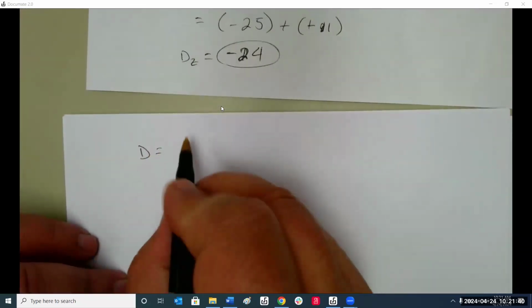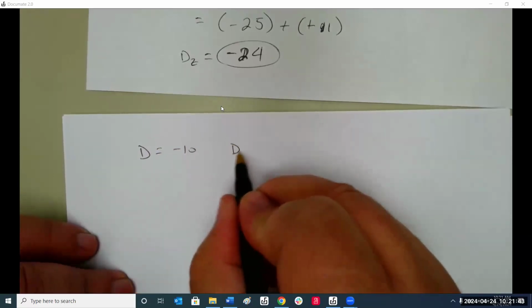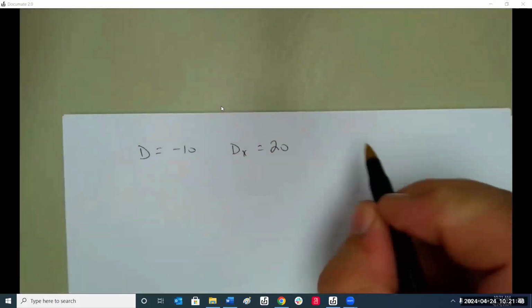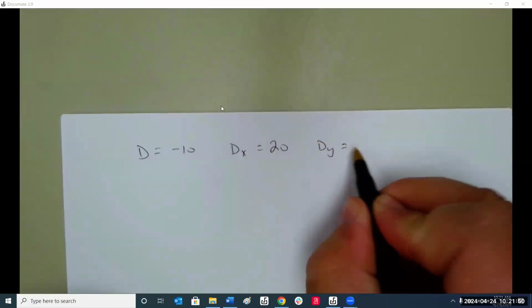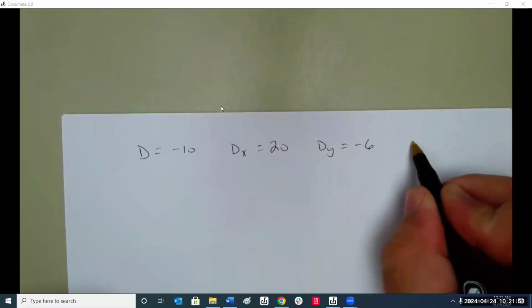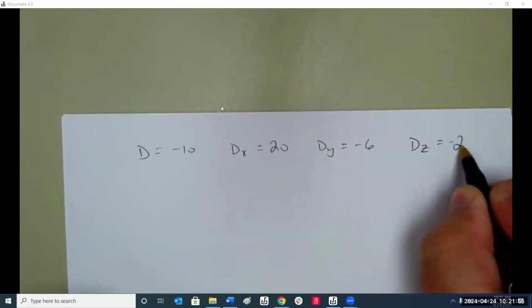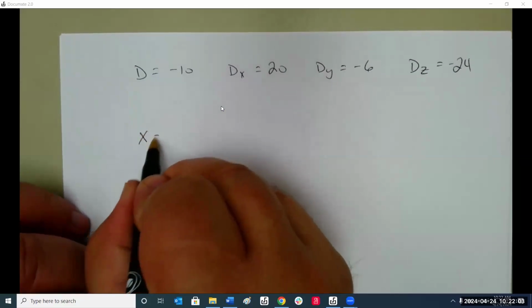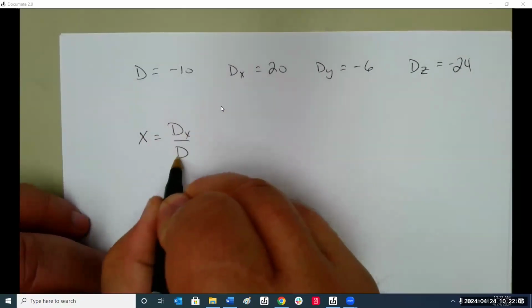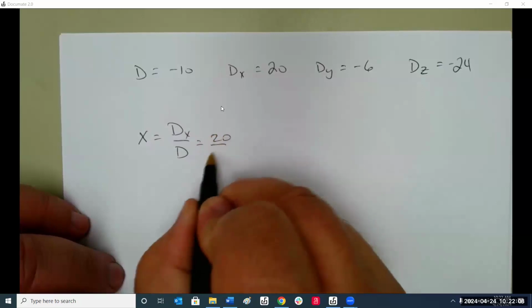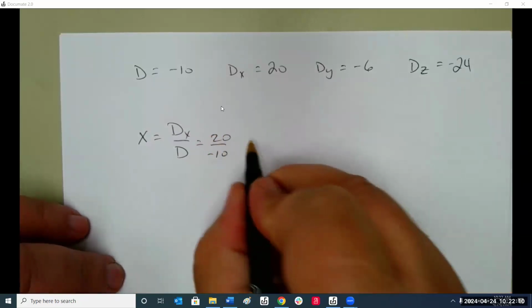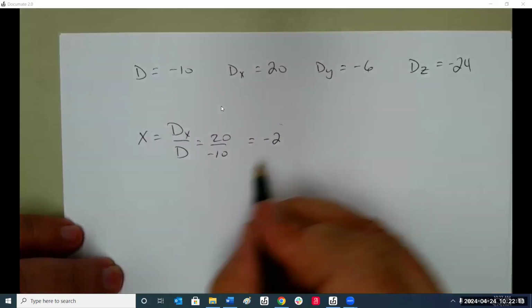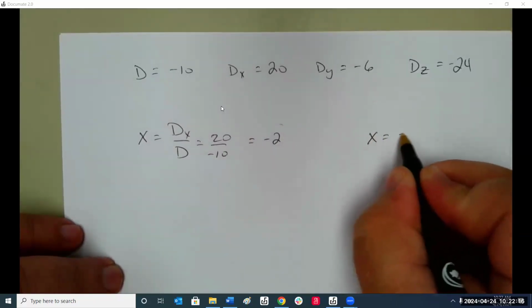So d is equal to -10. dx was 20. dy was -6. dz is -24. X is -2.